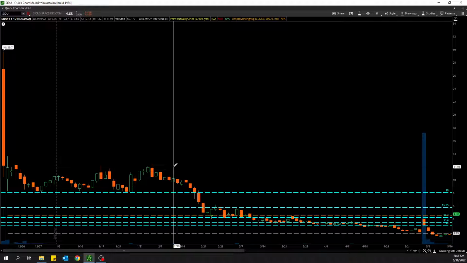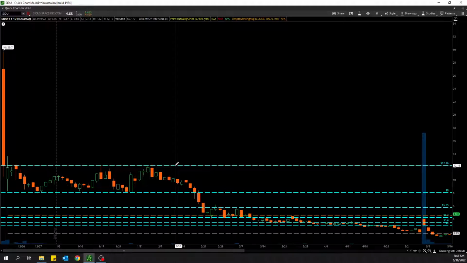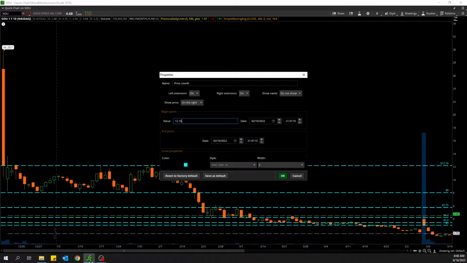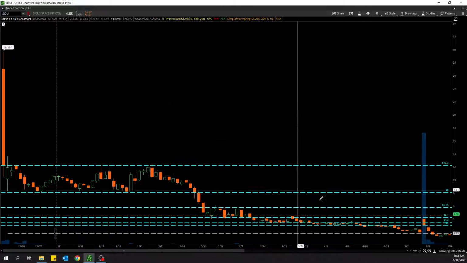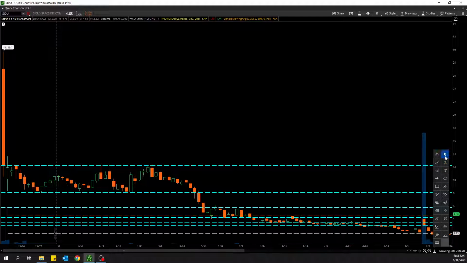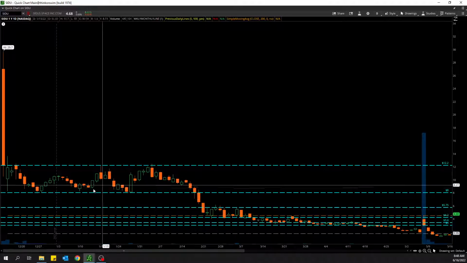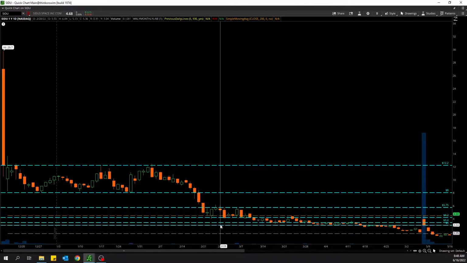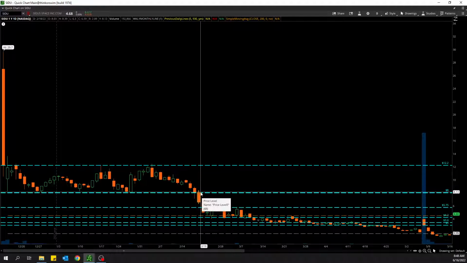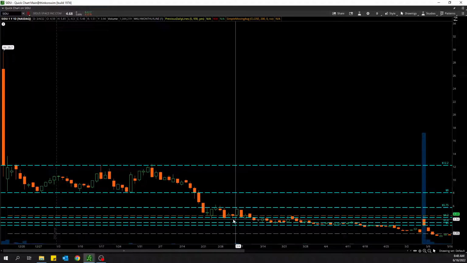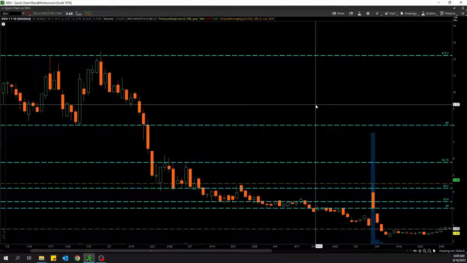And then right there, so we're going to make that one 1215. No, I'm going to make that 1220. So these are the key areas I was looking at for the stock's movement. You see how it bounced, then broke down and basically rejected right there and pulled down. So these are your key areas.